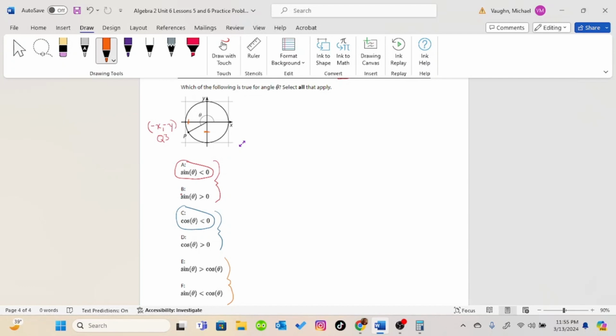Our x value is less than our y value because as you go left, your negatives are getting bigger, you're getting smaller. As you go down, your negatives are getting bigger, you get smaller. But the x value is smaller than the y value, so the cosine is smaller than the sine, so that means choice E is the correct answer.